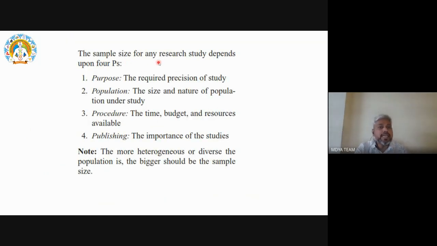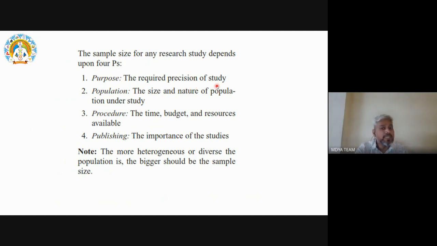The sample size for any research study depends on 4 P's. What are the 4 P's? Purpose, population, procedure, publishing. What is the purpose? There should be a purpose, the required precision of the study, right? If you are going for a sample size, you have a purpose, the required precision of the study.